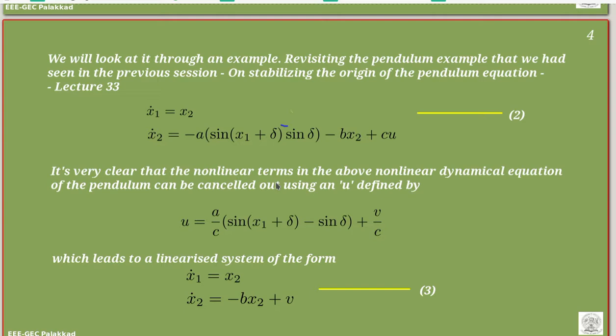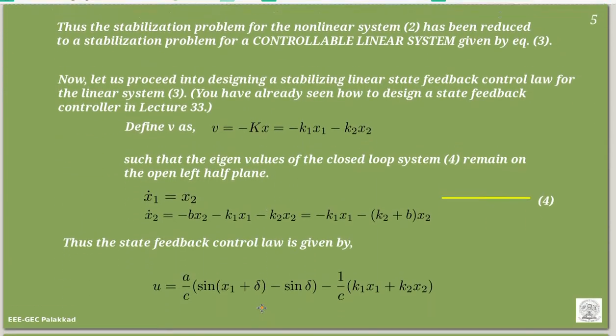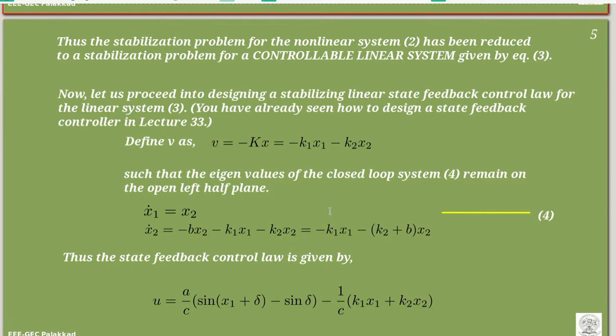The nonlinear terms can be cancelled by using the state feedback controller u equal to a by c into sine of x1 plus delta minus sine delta plus b by c x2, which leads to the linearized system of the form x1 dot equal to x2 and x2 dot equal to minus b into x2 plus v. Thus, the stabilization problem for the nonlinear system has been reduced to the stabilization problem for a controllable linear system.